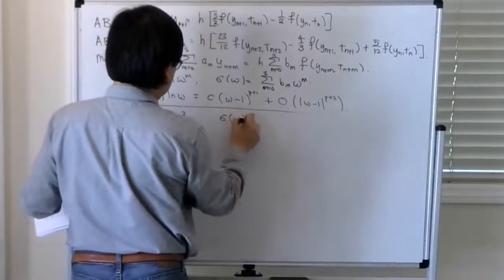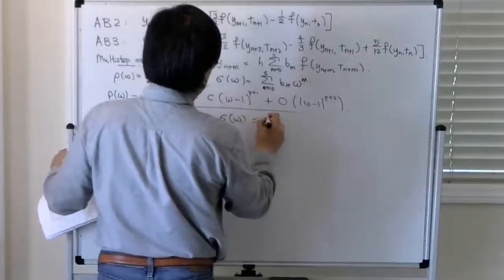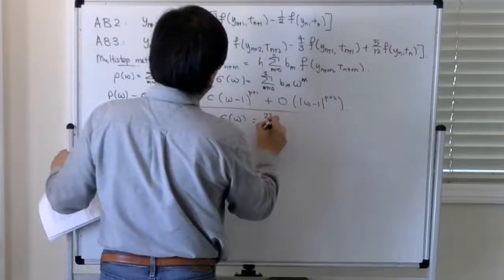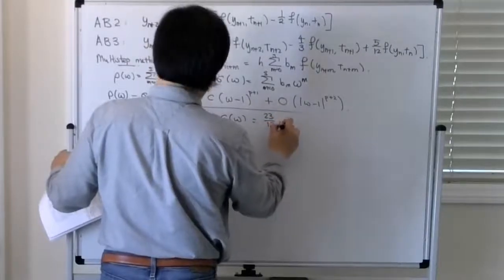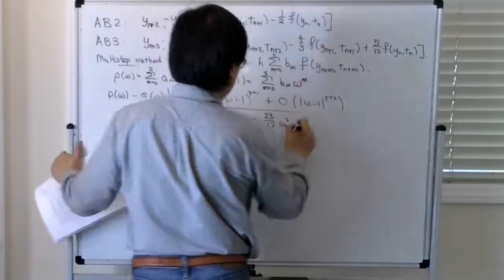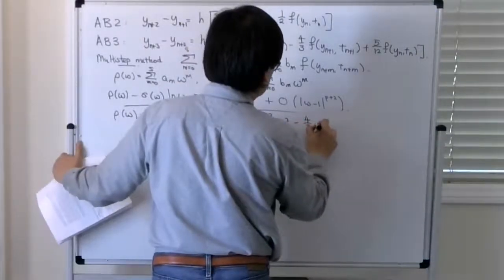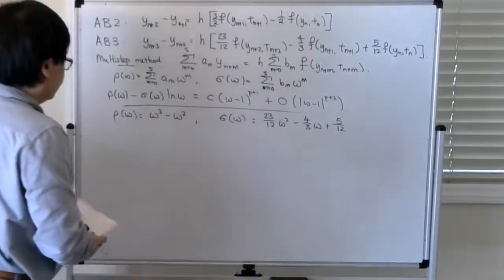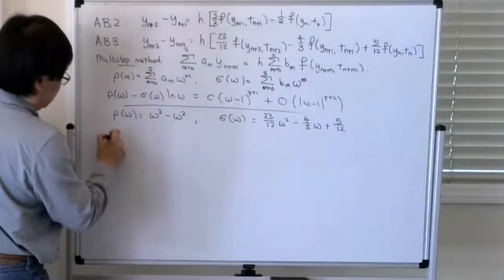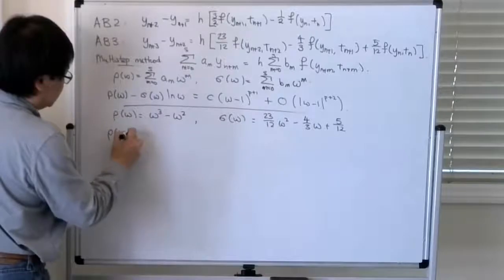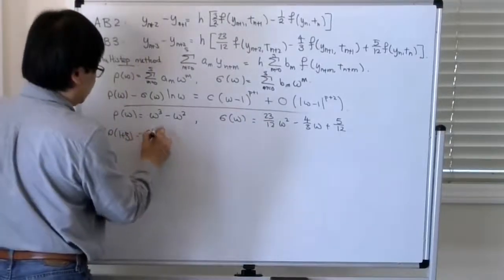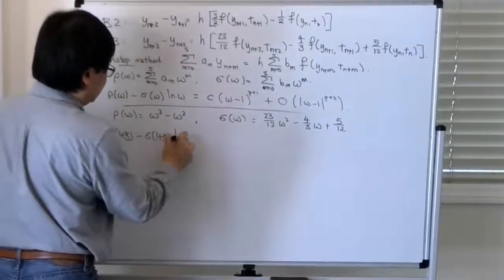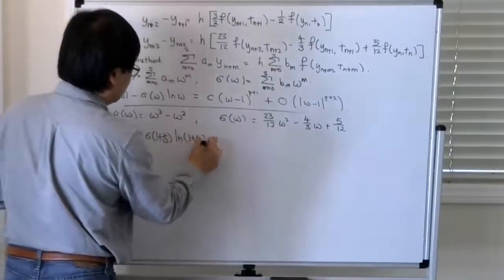Sigma of w is equal to 23/12 w squared minus 4/3 w plus 5/12. All right, and then we want to look at rho of 1 plus c minus sigma of 1 plus c times the natural log of 1 plus c.